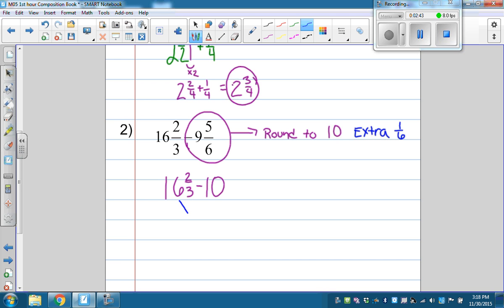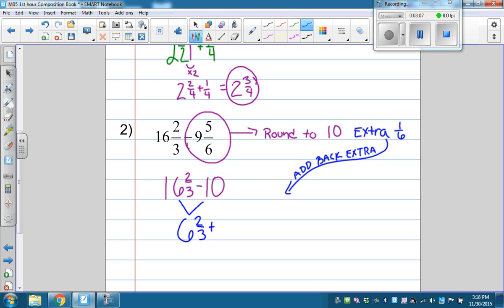So 16 and 2/3 take away 10 is 6 and 2/3. But you took away a little too much, so you have to add it back on. So you have to add back the extra.